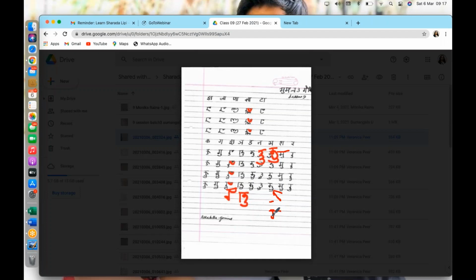If you have drawn bu, first write the letter, complete the curve, and then draw the matra. Again on the side it would start. The matra has to start on the side after you have finished the curve of the letter. Then start the matra on the side of the letter like this.